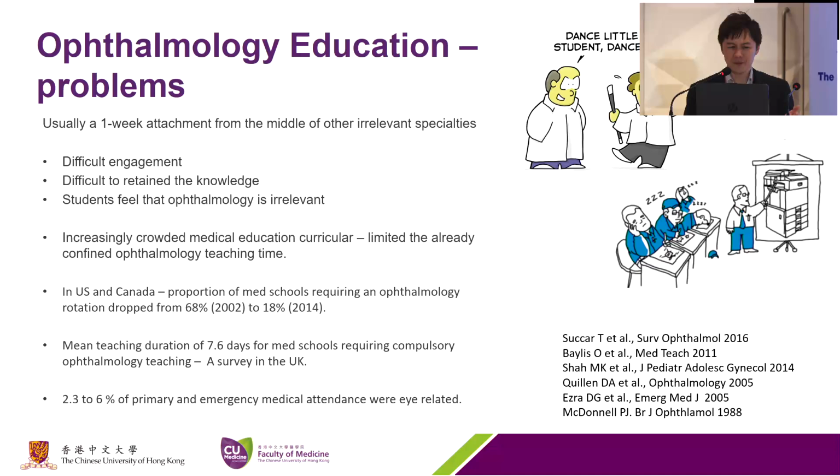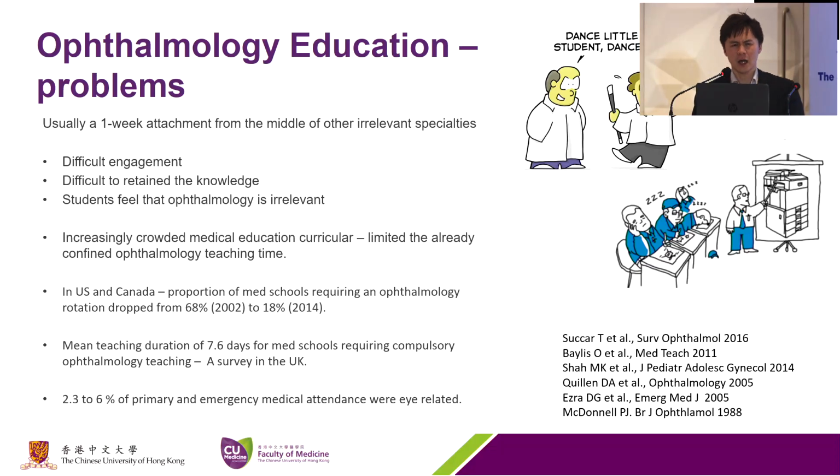And the problem is, if you look at surveys in other countries, they also face similar problems. They're cutting down the ophthalmology course. So some medical schools, in fact a lot of medical schools, are not even providing a compulsory ophthalmology course. They are giving optionals.